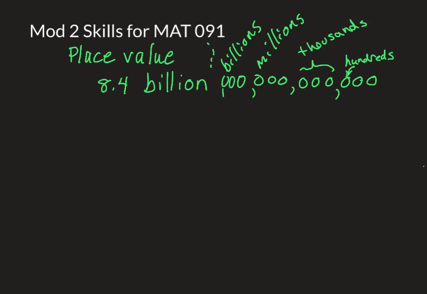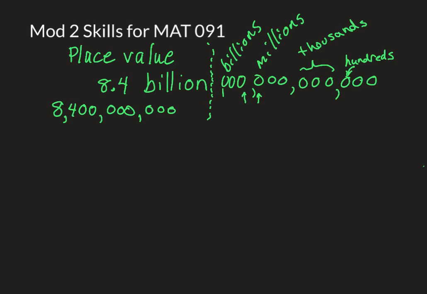Okay? So sorry, kind of ran into what I was doing originally. So what we have here is 8.4 billion. So it's like, here's the 8 billion, and there's where the 0.4 would go. So we could rewrite this as 8 billion, 400 million, nothing in the thousands, and nothing in the hundreds.